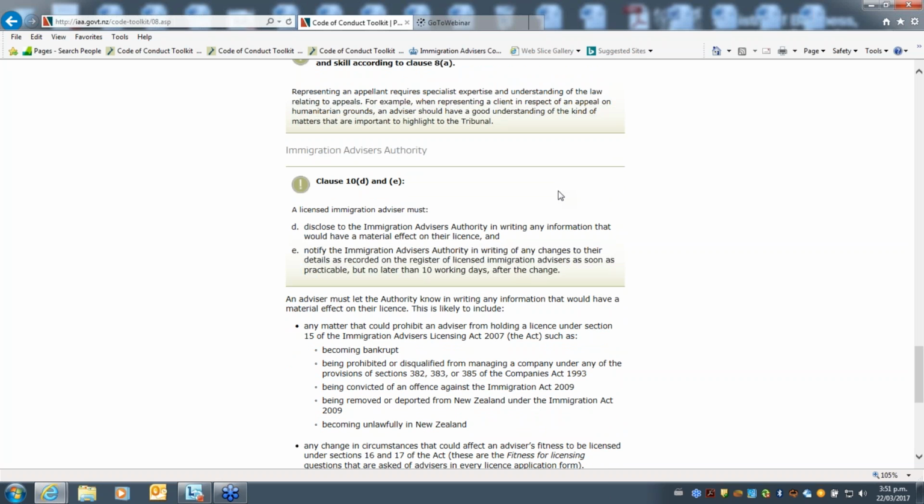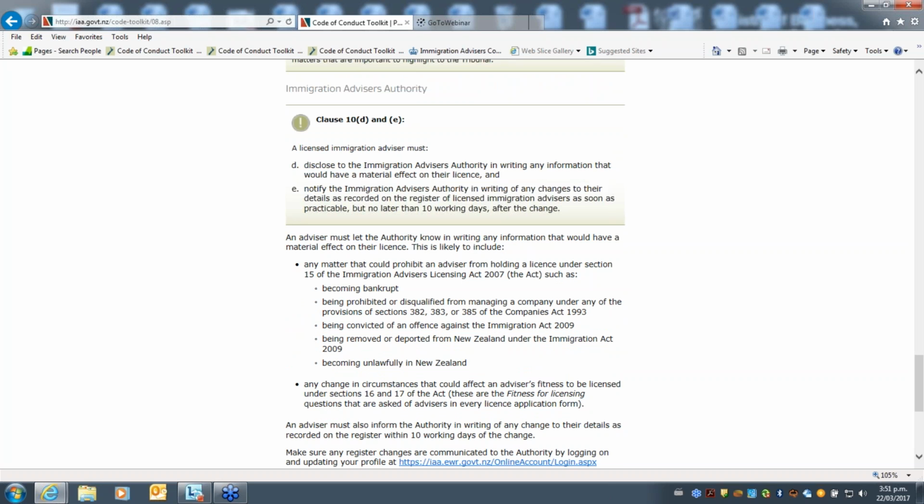In regard to the Immigration Advisors Authority, you need to disclose to us in writing any information that would have a material effect on your licence. That includes, just as a reminder, any conviction that you might have, even if you may consider it to be minor or unrelated.